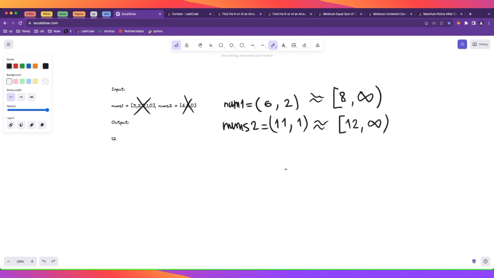So here the maximum is going to be 12, and the minimum of the right limits is infinity. So this is the interval of the intersection, right? And the minimum value here then is going to be 12. And that's why the answer here is 12.